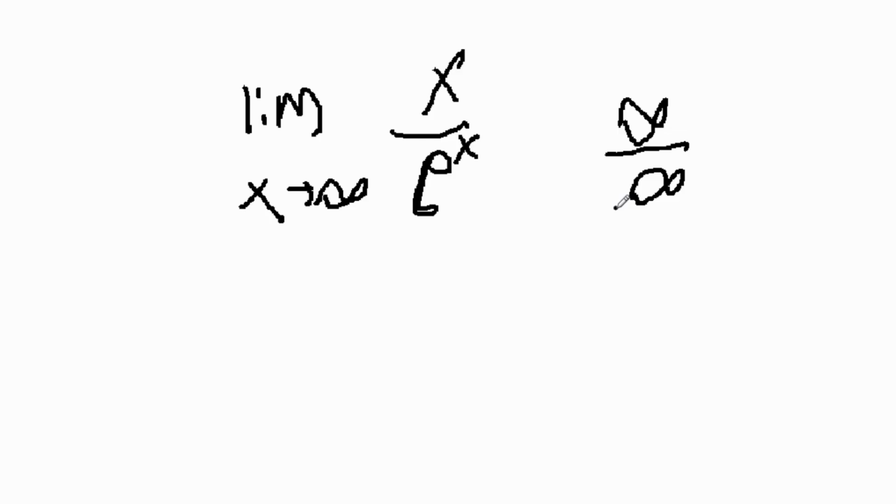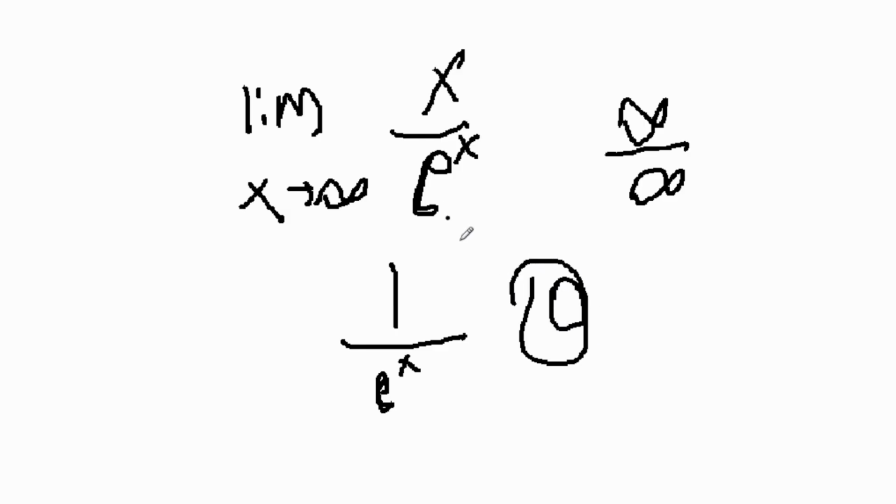This means this is in indeterminate form. So now we have to apply L'Hopital's rule. The derivative of x is 1, and the derivative of e to the power of x is e to the power of x. So now if you substitute infinity, you'll get 0. So 0 is the solution to this limit.